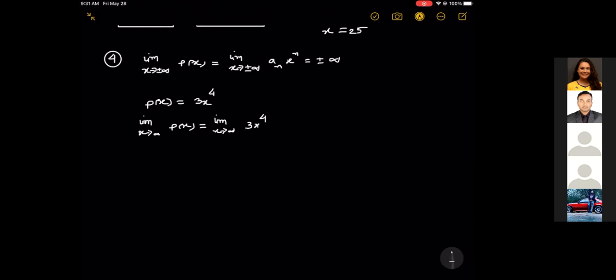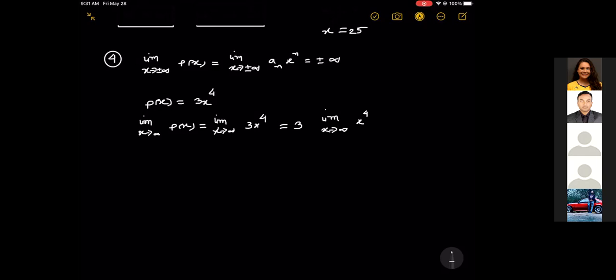Okay, so first of all, using the limit law of constant multiple, we can keep the 3 outside, and then the infinity will actually act on x.